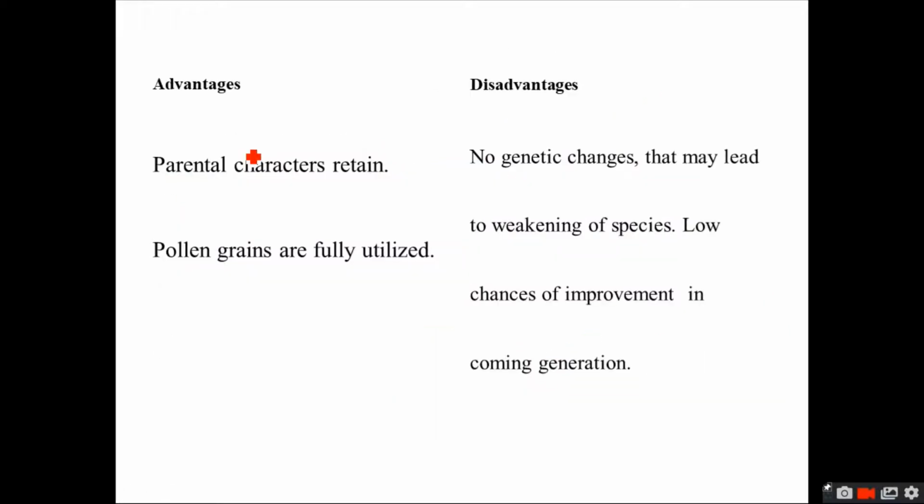Now here we will discuss some of the advantages and disadvantages of self-pollination. First I will discuss advantages. The advantage is that the parental characters will be retained. For example, the red hibiscus flower will give a red hibiscus flower.